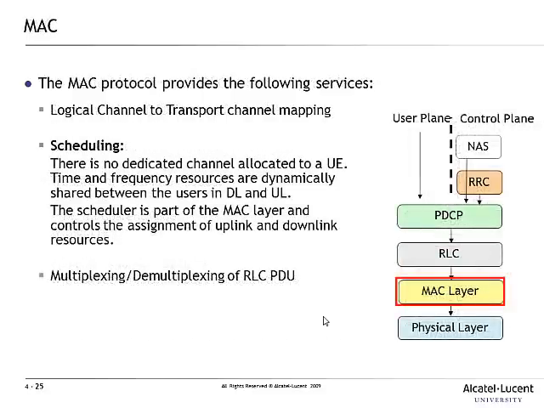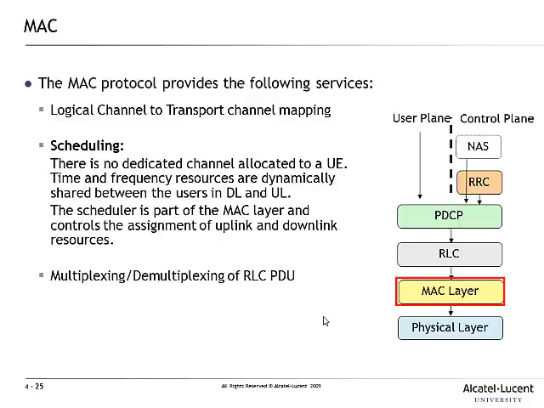The next layer is the MAC layer, and as I mentioned earlier on, the MAC layer is a layer that performs all of the scheduling functions. Above the MAC layer we have the logical channel, and below the MAC layer we have the transport channel. So the MAC layer has to perform mapping between the logical channel and the transport channel.